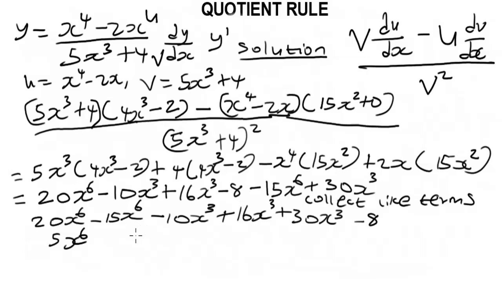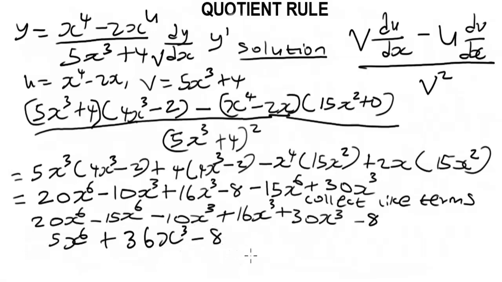Let's apply addition before subtraction: 16x cubed plus 30x cubed gives 46x cubed, then minus 10x cubed plus 46x cubed gives plus 36x cubed, minus 8.